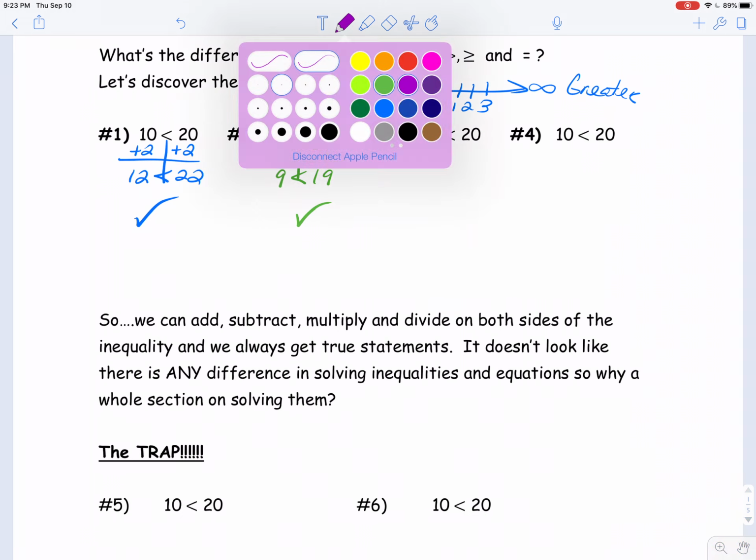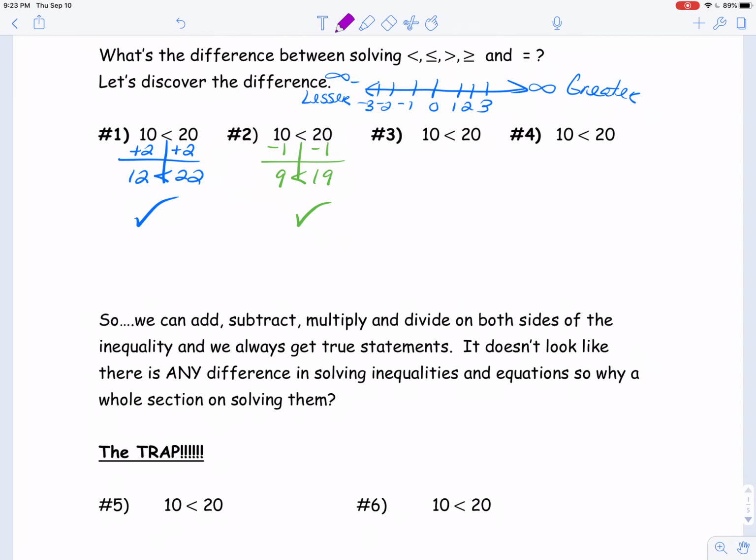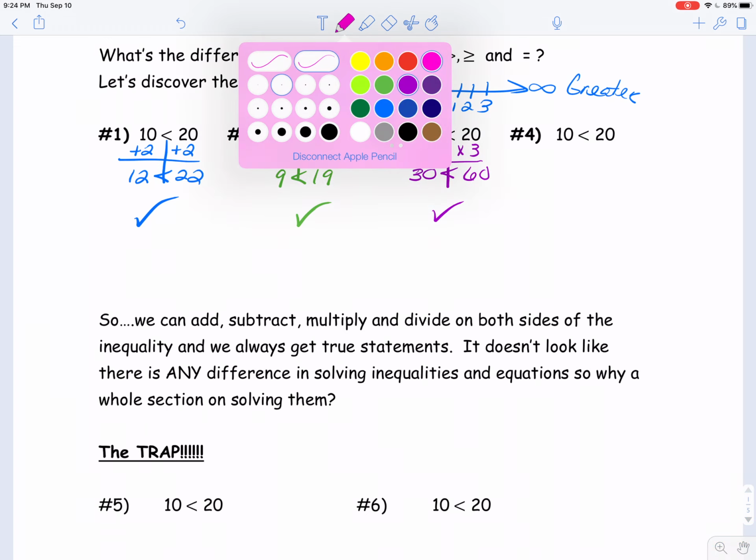All right, so let's do times. We did plus, we did minus, let's do times. So times 3, keeping it balanced, so 30 is less than 60. Still true.